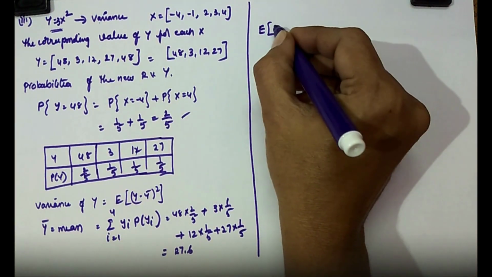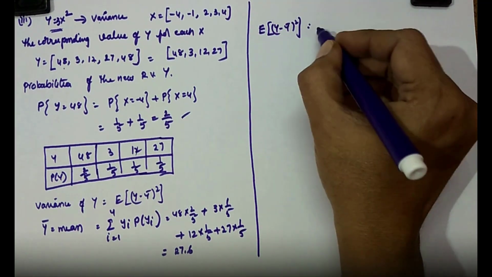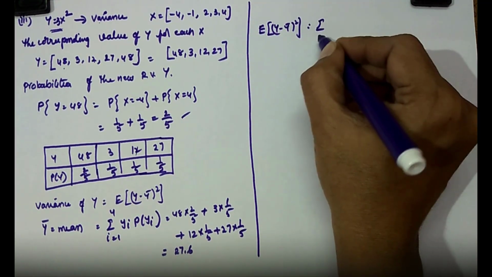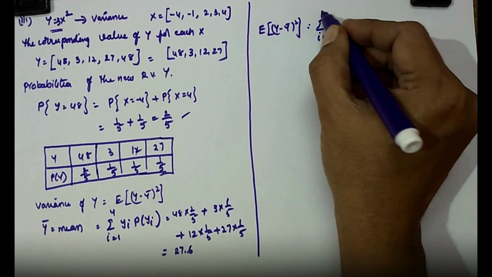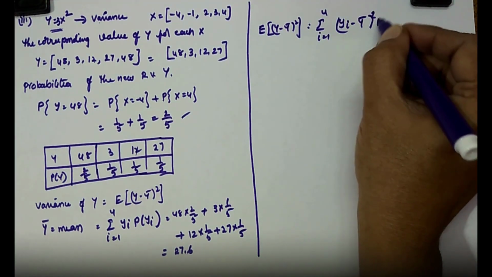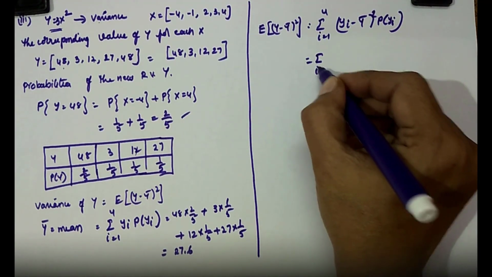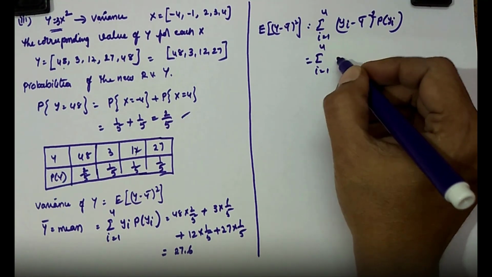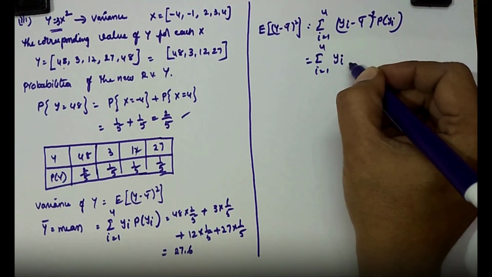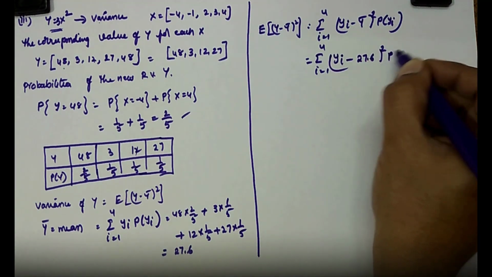Okay, then now you find E of (y minus y bar) square. The formula is sigma i is from again 1 to 4, (yi minus y bar) square into p of yi. Here yi has 4 values, and y bar is 27.6.